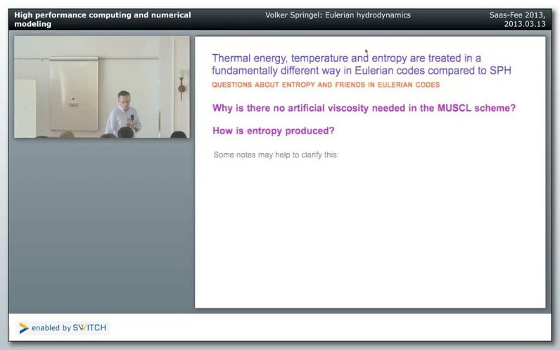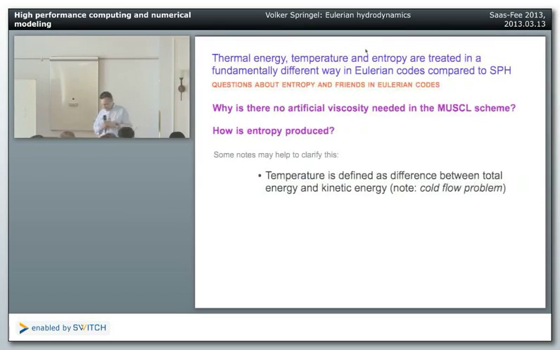So maybe some of you might now ask, why is there no artificial viscosity needed in a MUSCL scheme? And how is actually entropy produced? I haven't talked about this at all. Indeed, you don't have to talk about this in these mesh codes, because that's taken care of more or less automatically. To realize this, you first of all have to understand that the temperature, which is of course intimately related to the entropy, is here very indirectly defined, always as a difference between total energy and kinetic energy.